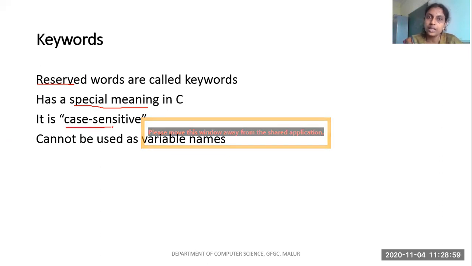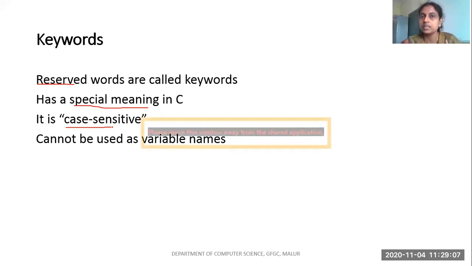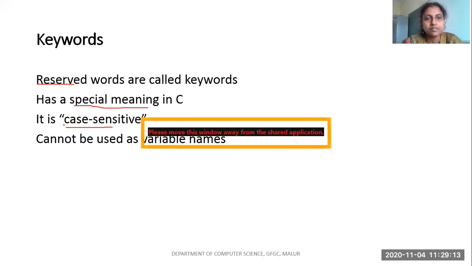In computer terms, case sensitive means if it has to be written in small letters, you have to write in small letters. If it has to be written in capital letters, it has to be written in capital letters. When you study computer programming, you will come across the term case sensitive. Say I want to write the word cat, and I put capital C, A, T. This is different for the computer. Then I put one more cat with a small c.